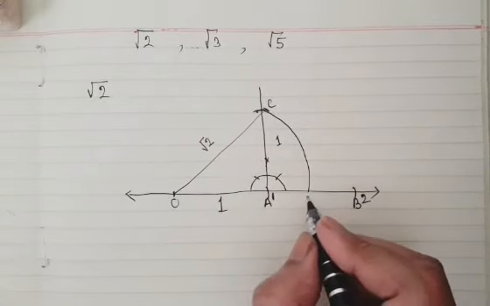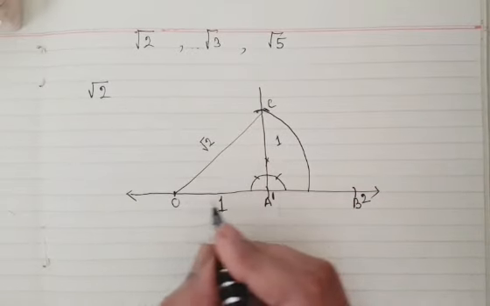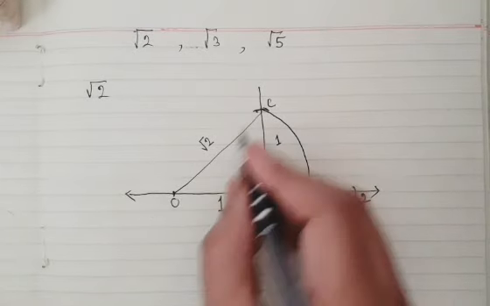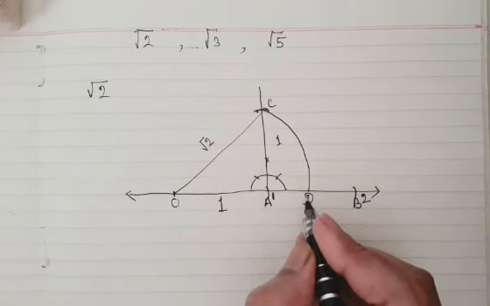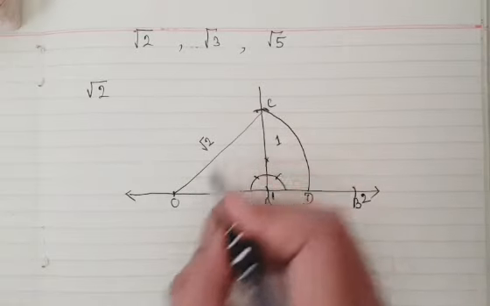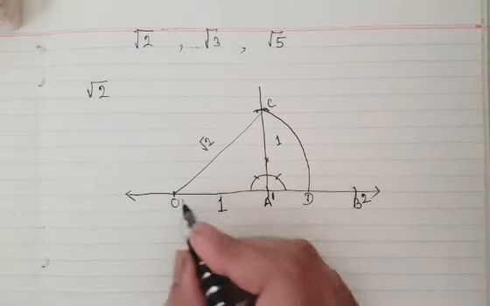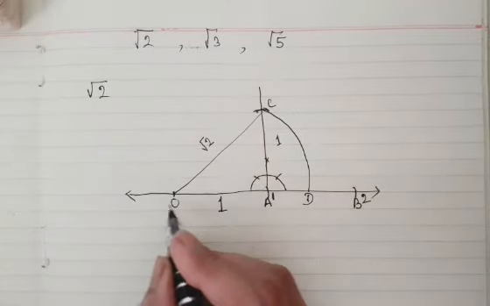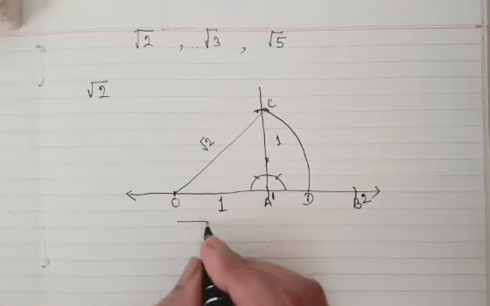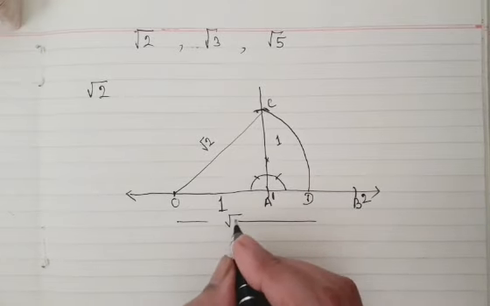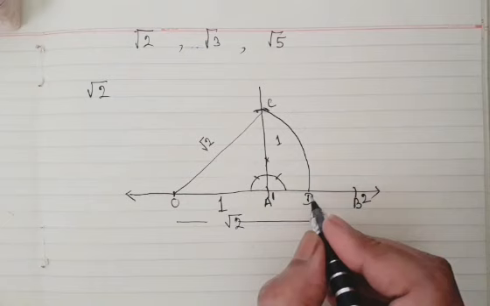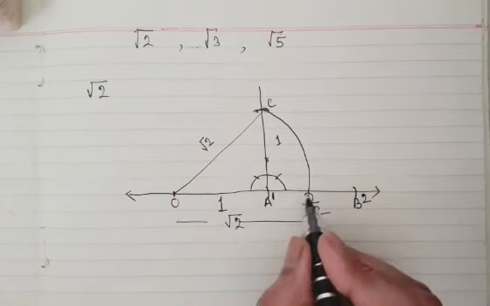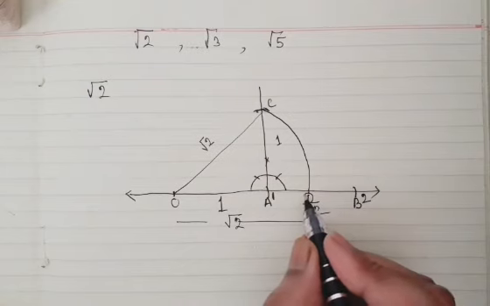Now suppose this arc intersects your number line at point D. Now OC equals OD, because OC and OD are radii of the same arc. So OD equals OC equals root 2 unit length. So now this point D represents root 2, and this length represents root 2 unit length.